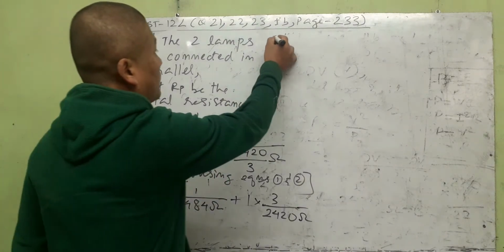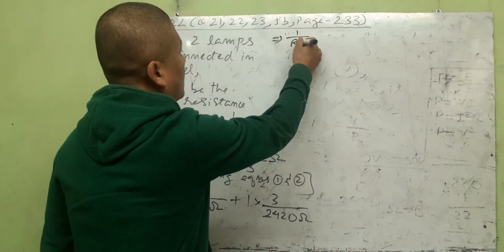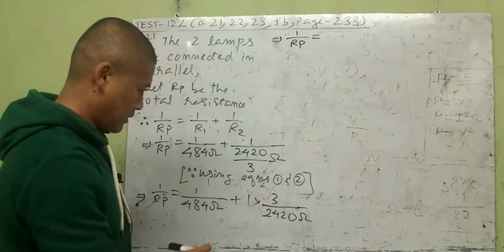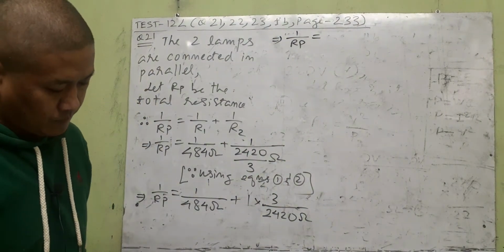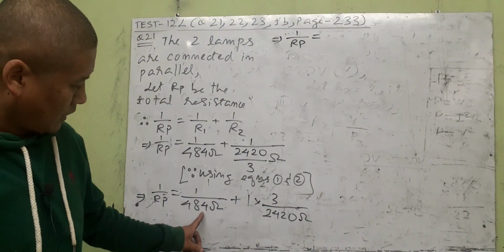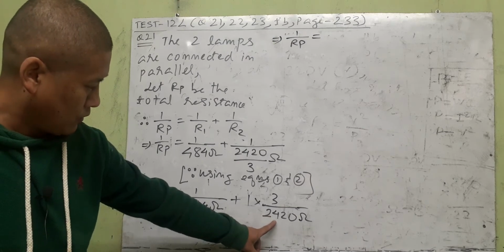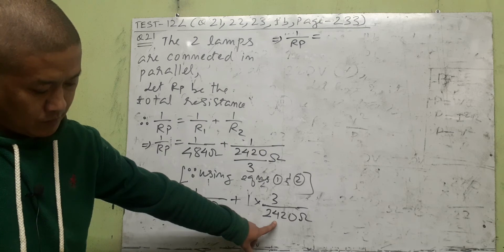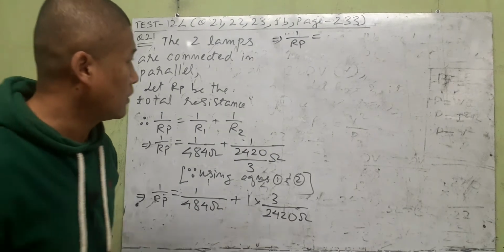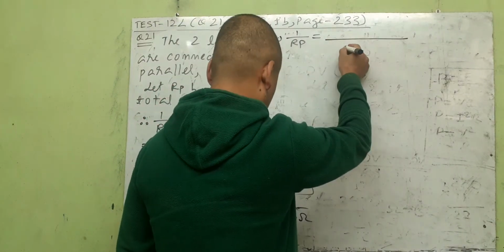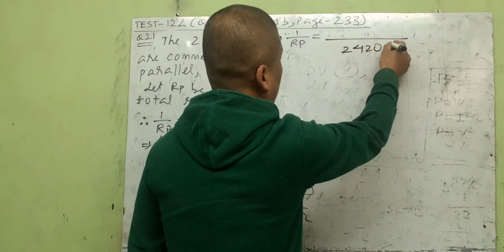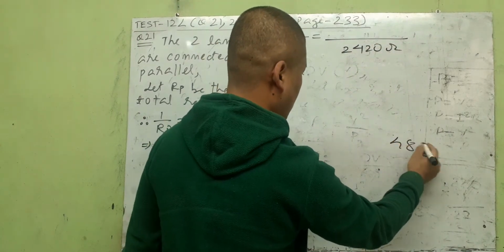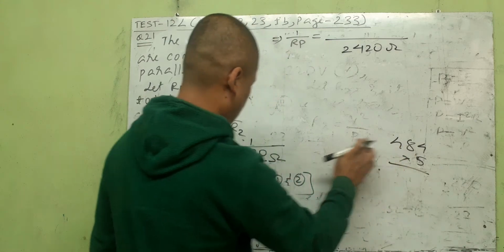So next step, that implies 1 by RP will be equal to 1 by 484 plus 3 by 2420. The LCM is, I think, 2420 ohms, because 484 into 5 is a multiple.